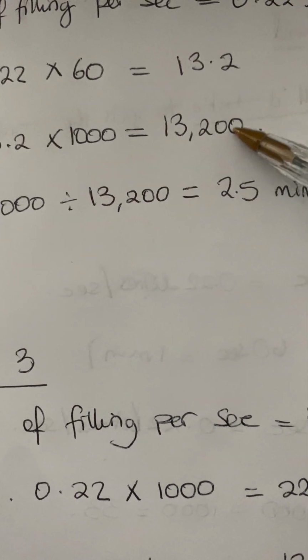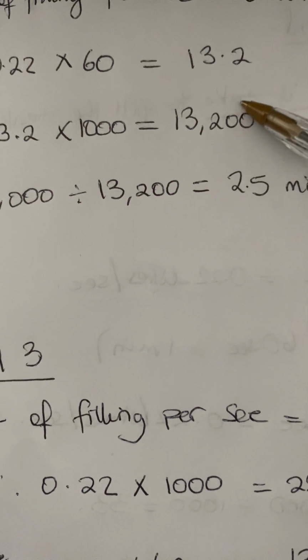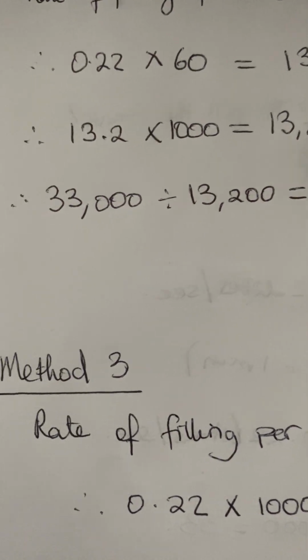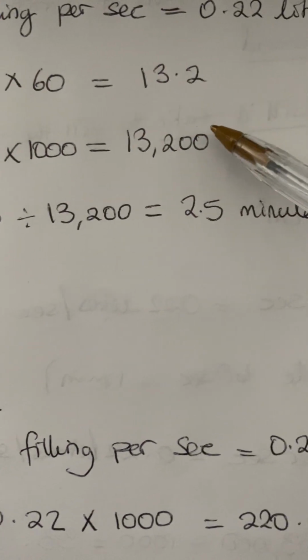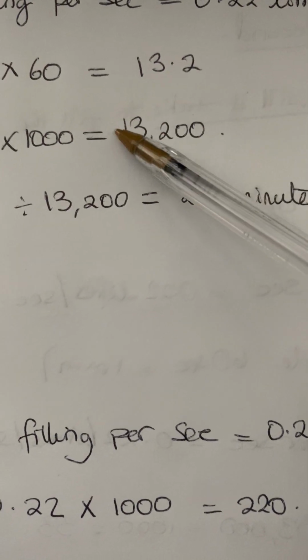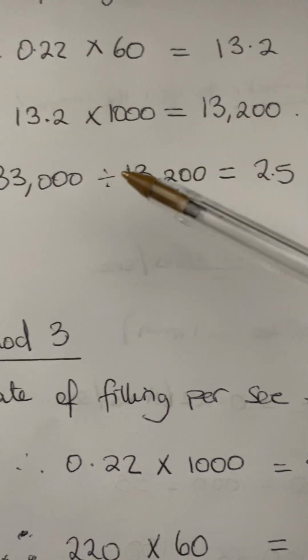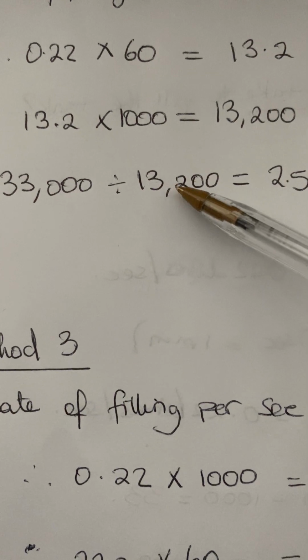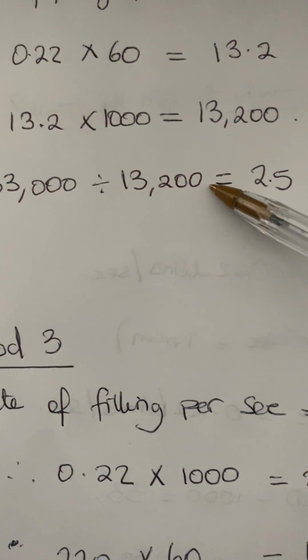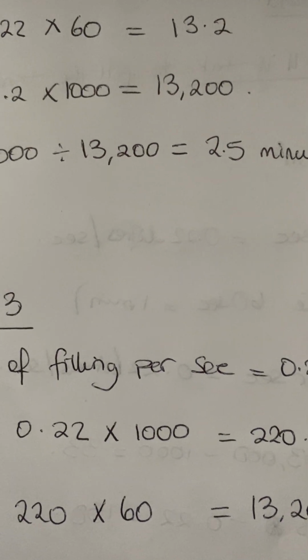That is how much you fill per minute. So you have a tank of 33,000 and you fill 13,200 per minute. You divide 33,000 by 13,200 and you have 2.5 minutes. That is the second method.